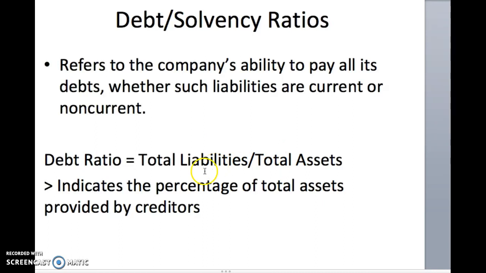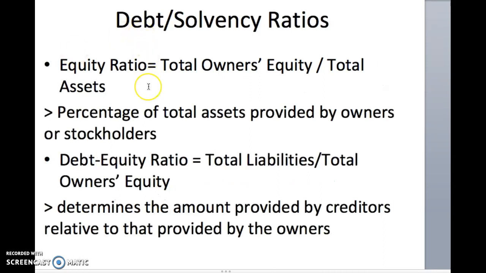So that remaining 20% would actually be the equity ratio. You don't have to compute for it anymore. But if you are doubtful, then this is the formula: total owner's equity or total stockholders' equity divided by total assets, multiply it by 100 so that you can express it as a percentage.